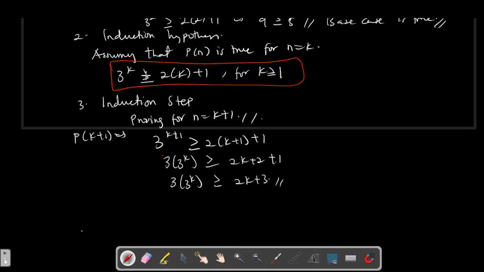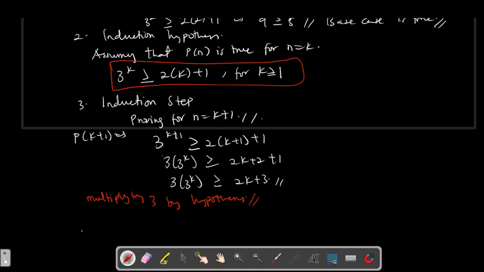Okay, how do we do that? Since I have 3 to the power k, why don't I multiply 3 by my base case? So multiplying 3 by my assumption, by my hypothesis.